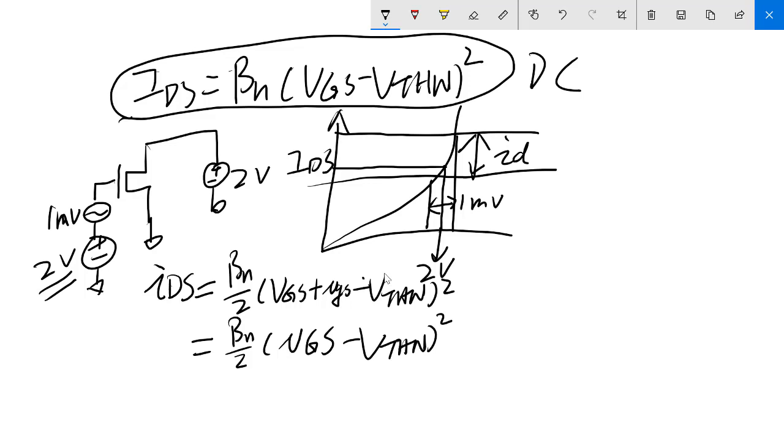Okay, and then we can find out the transconductance of IDS over VGS.